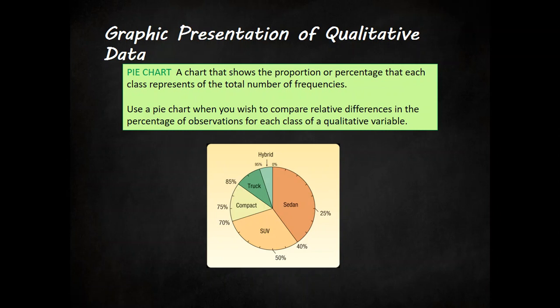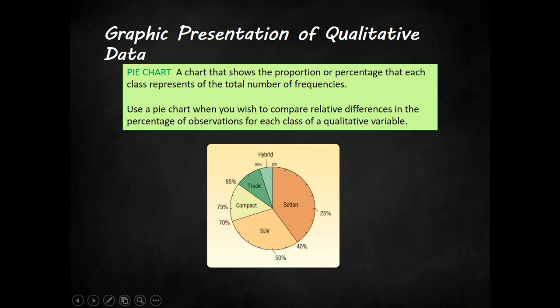And you use this to compare relative differences in the percentage of observations for each of the qualitative variables. So here they look at the percentage of sales by automobile type. Sedans for this dealership comprise 40%. You see it starts at 0 and goes 25%, 40%, and then up to 70%.